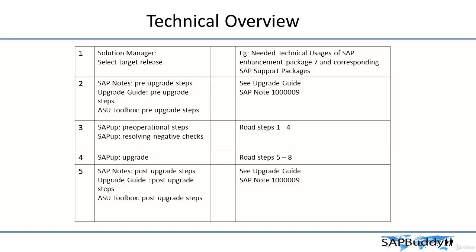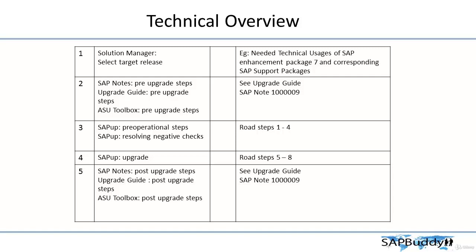So the main thing is that we have different tools for these purposes. In general, if you see, the SAP upgrade as well as the enhancement package upgrade work almost the same. The logic is almost the same, but you have different steps in fact.